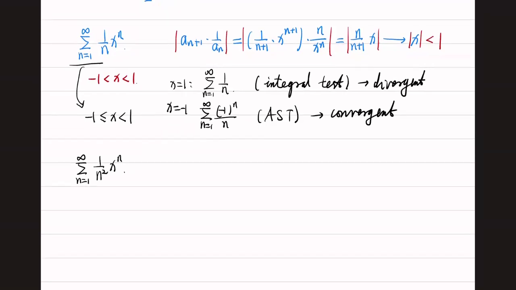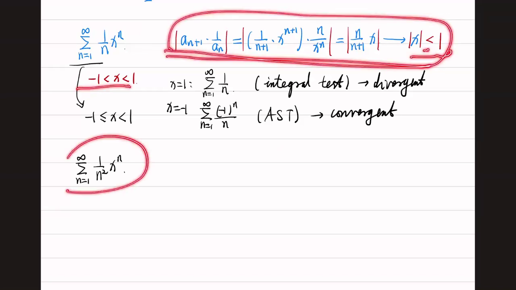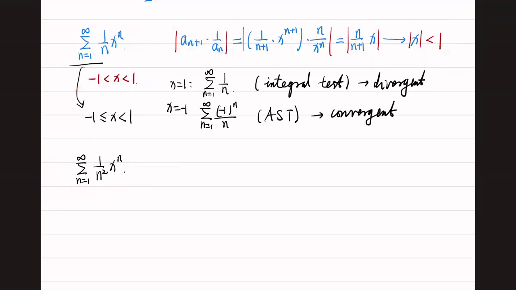Okay, so previously we used the ratio test to find the interval of convergence, or sometimes we see the radius of convergence. Let's apply the same method to find the interval of convergence of this one. Okay, let's start. We start with the same expression.